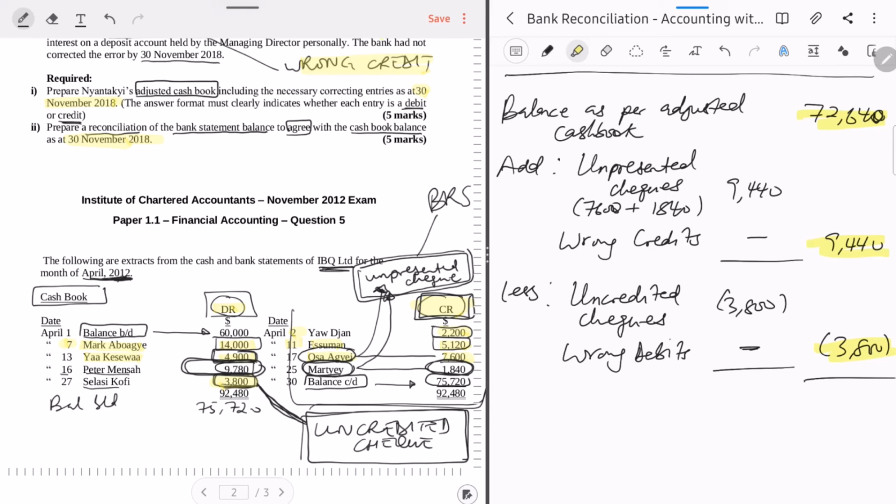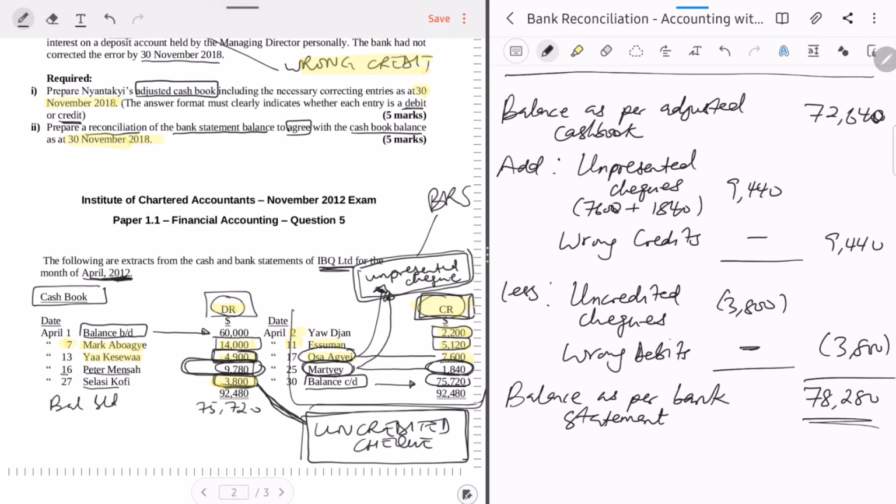That gives me 78,280. And this would be our balance as per bank statement. Now hold on a second.